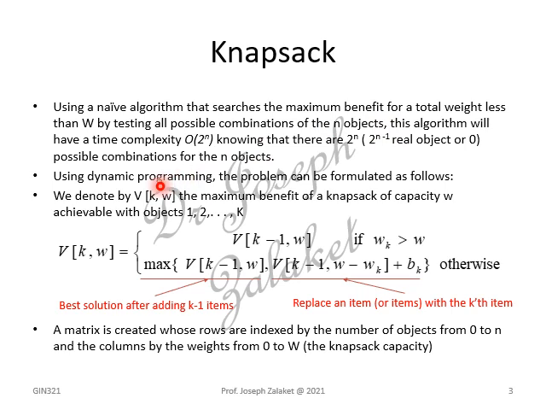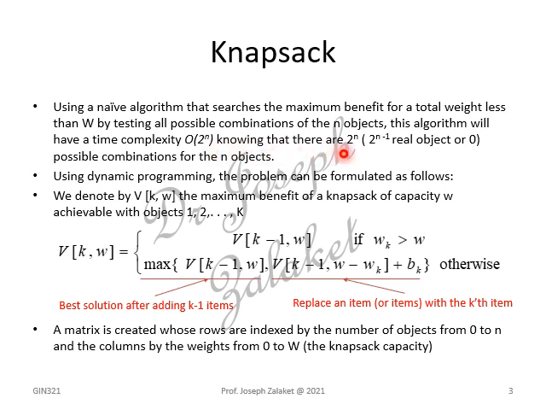Now, using a naive algorithm that searches the maximum benefit for a total weight less than W by testing all the possible combinations of the n existing objects, this algorithm will have a time complexity which is big O of 2 power of n.